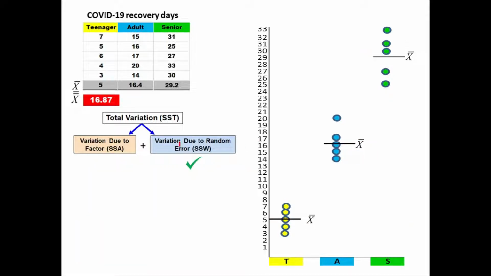After we calculate the variation among the groups, the second part of variation is variation within a group, meaning variation that exists in a particular group. Variation in the first group, variation in the second group, variation in the third group. That's the basic understanding.